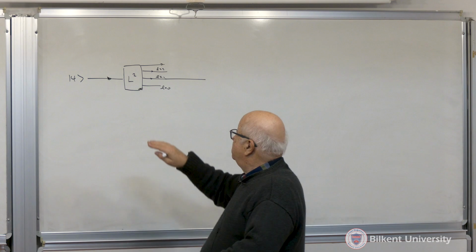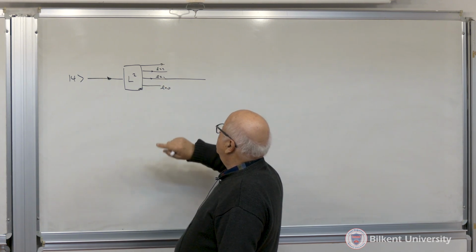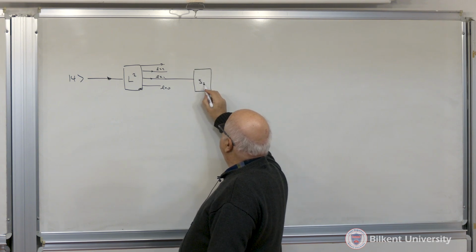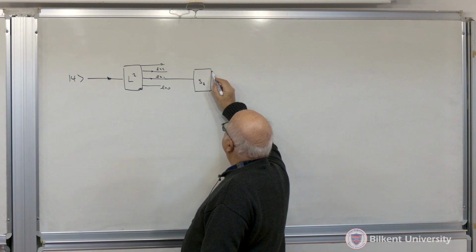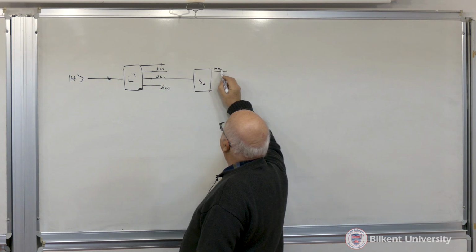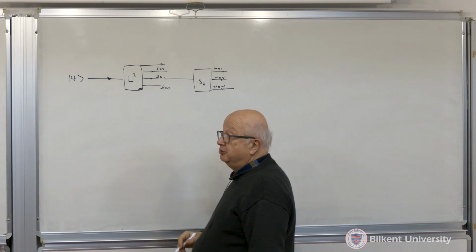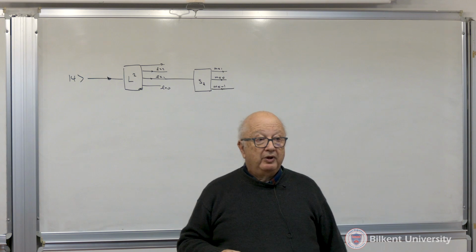Now you have this beam which contains L equal to 1 particles, and then I measure the Sz, and there are 3 possibilities: M equal to 1, M equal to 0, and M equal to minus 1. So it now splits up into 3 beams. I don't care about the other particles.